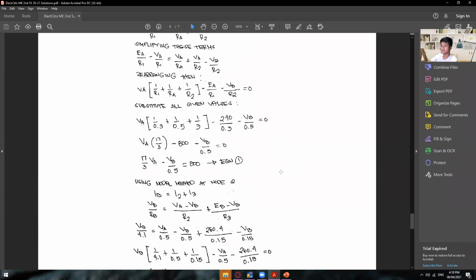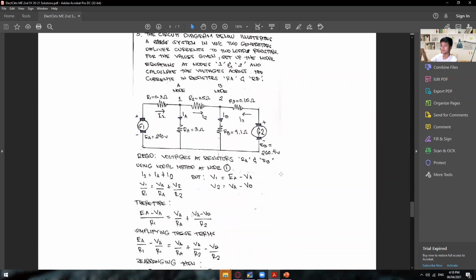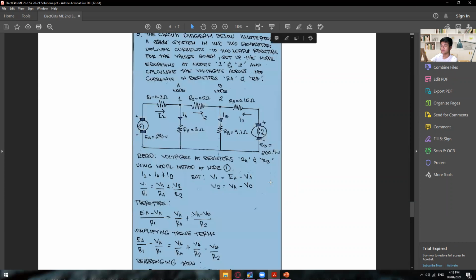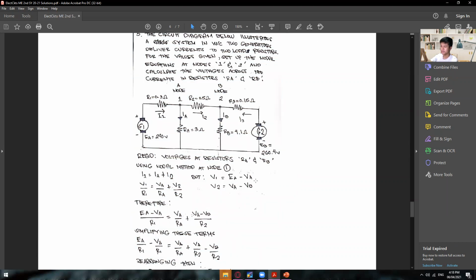All right, so I guess I have used different namings, but for you to be able to get the V1, since we have a given voltage in here, just deduct the voltage across here, which is supposedly EA minus V1, but I don't know why I named it VA.